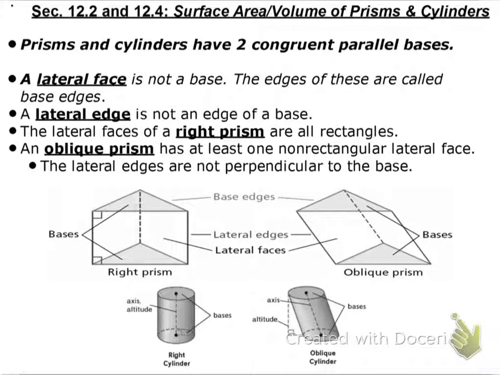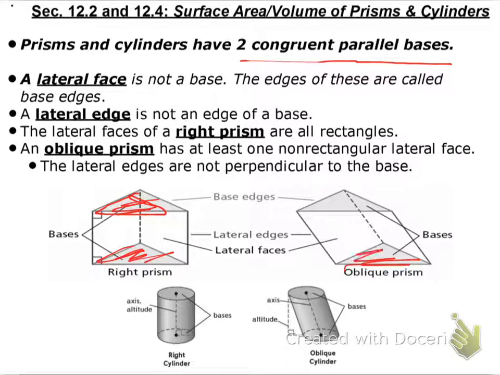Today we're going to be focusing on prisms and cylinders. And so something you need to know about prisms and cylinders is that they have two congruent parallel bases. If you look down at these pictures, the top left picture is a triangular prism, and you can see that it has these two congruent parallel bases.